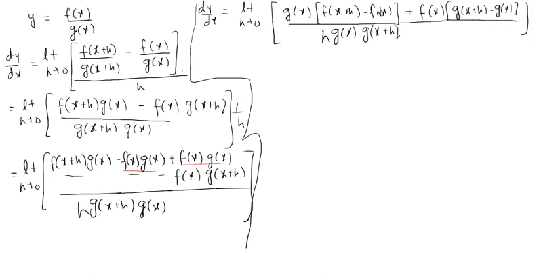So this dy by dx will be equal to limit h tending towards 0. Now g(x) into f(x+h) minus f(x) by h, I can write it here.